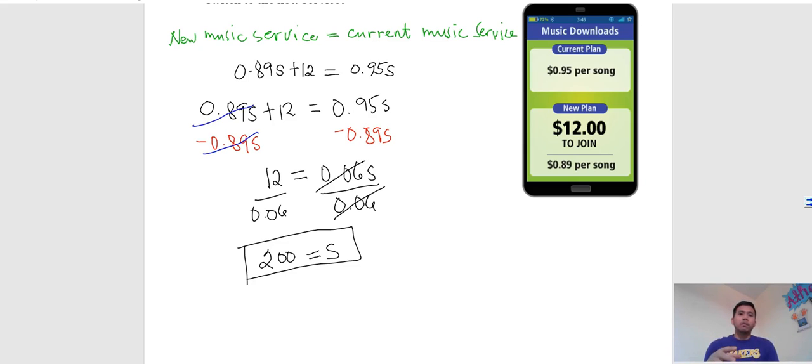It turns out that Cameron needs to download 200 songs to be the same. However, if you download more than 200 songs, let's advise Cameron to switch to the new service because it's a lot cheaper.